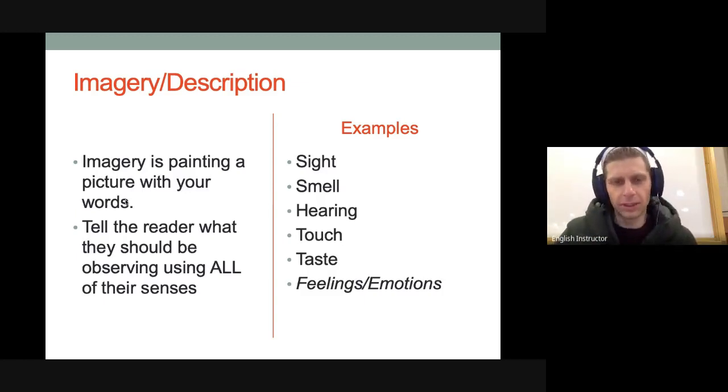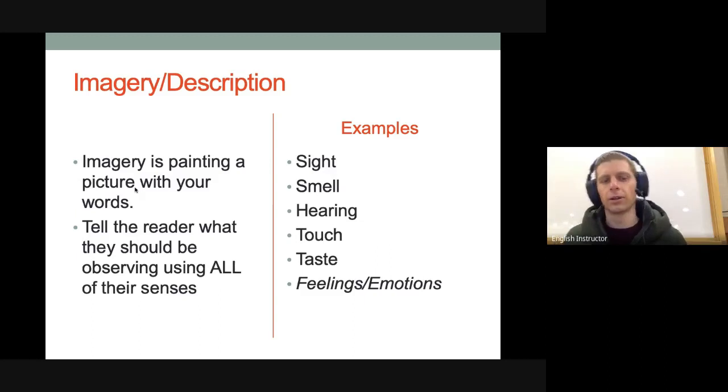So another bit of persuasive language that we can use in our writing is the idea of imagery, or I'll call it extreme description. Imagery, as you can see here, is painting a picture or creating a scene using your words.